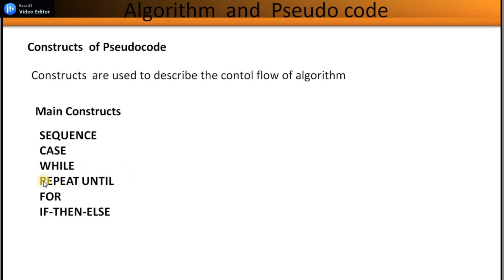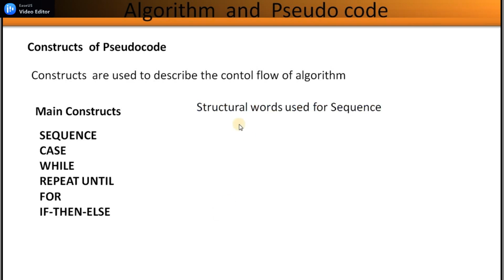Repeat until is also looping, but it loops until the condition becomes true. For is also a loop, executed a finite number of times. If, then, else is a selection statement. That is, if a condition is true, the statement inside the block is executed. Otherwise, the else block is executed.